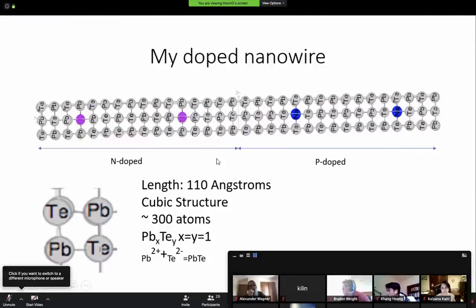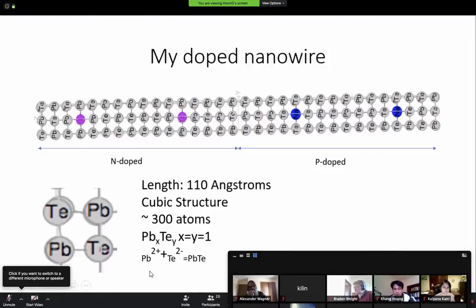This region is my n-doped, p-doped region. The length of the nanowire I'm looking at is around 110 angstroms. It has a cubic structure and approximately 300 atoms. There's a 1-to-1 ratio between my lead and telluride.